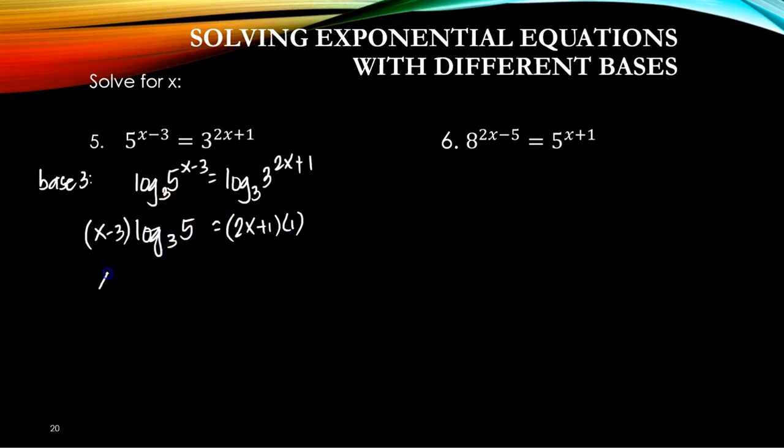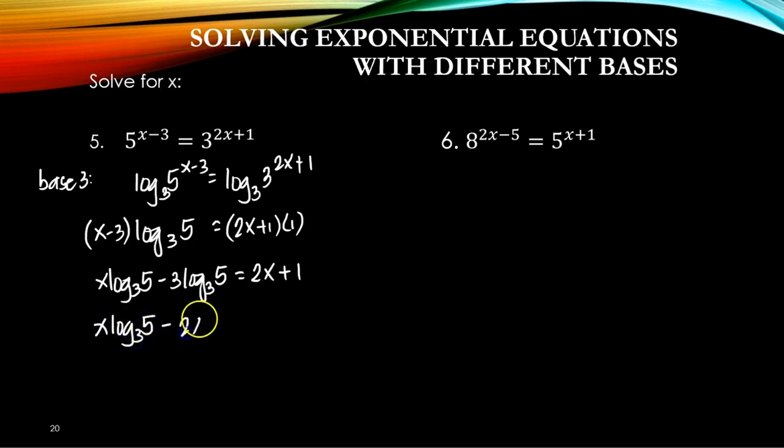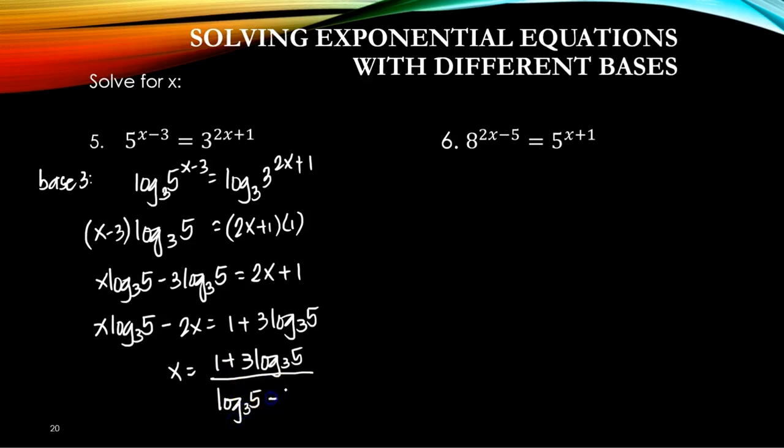So let's distribute: x logarithm of 5 base 3 minus 3 logarithm of 5 base 3 is equal to 2x plus 1. I combine all those with x. I can say x logarithm of 5 base 3 minus 2x is equal to 1 plus 3 logarithm of 5 base 3. So factoring out x, 1 plus 3 log of 5 base 3 all over log of 5 base 3 minus 2.